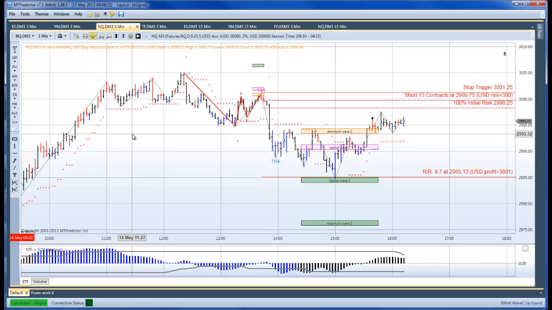But the reason I wanted to go through this is because, yes, I'll admit again that this is a very aggressive trade for the more experienced MT Predictor users among you.